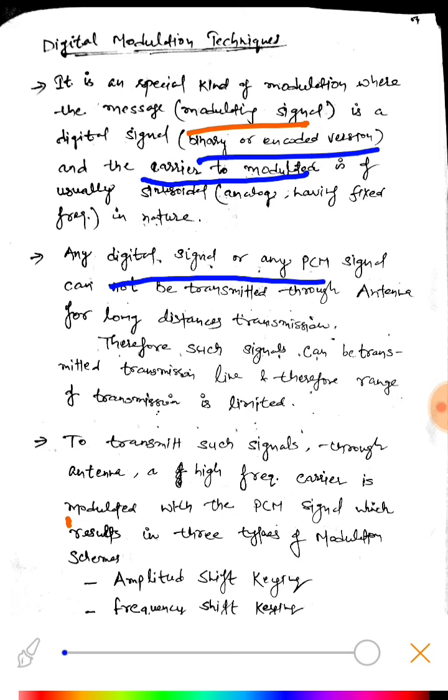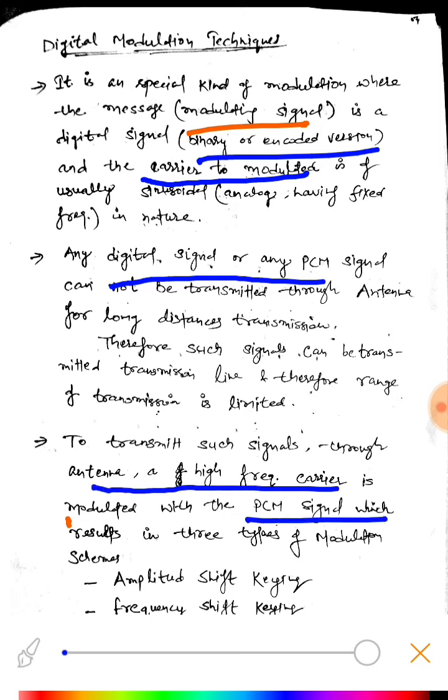Therefore we will use this modulation technique and superimpose our information on the analog signal, so that it can be transmitted through the antenna up to higher distances.